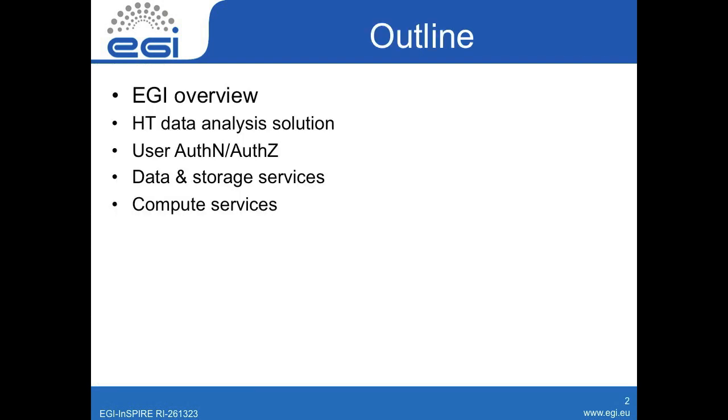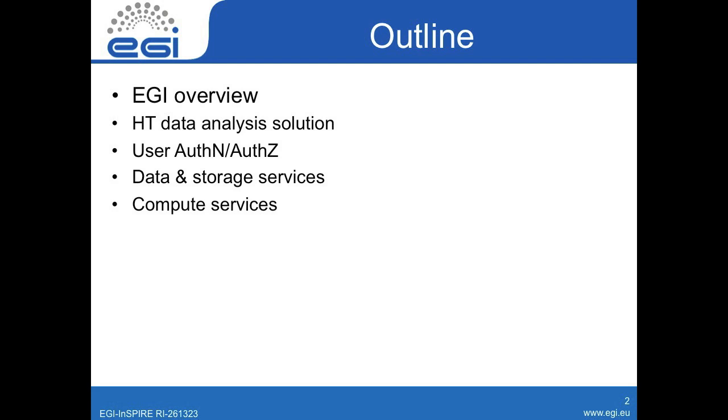So this is an outline of this presentation. I will start with an overview of the EGI infrastructure, the EGI structure. Then I will go through describing the targets, the purpose of the high-throughput data analysis solution. That is the main topic for this webinar.